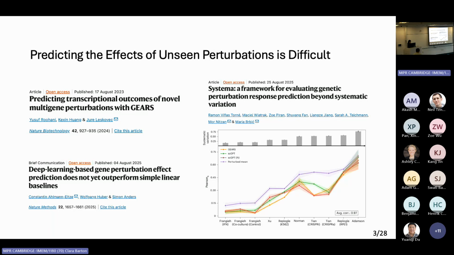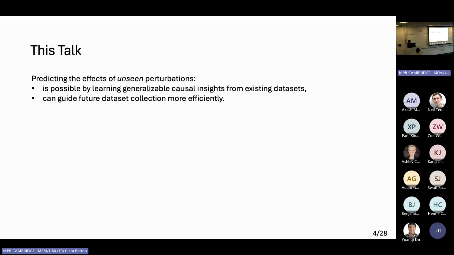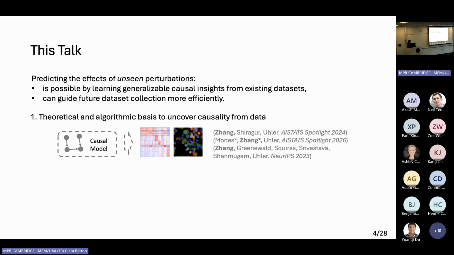But today I will show you that we can make some progress by learning generalizable causal insights from existing datasets. And then upon having a predictive perturbation model, I will show you that it can be used to guide future dataset collection more efficiently. So concretely, I'm going to talk about 3 parts.